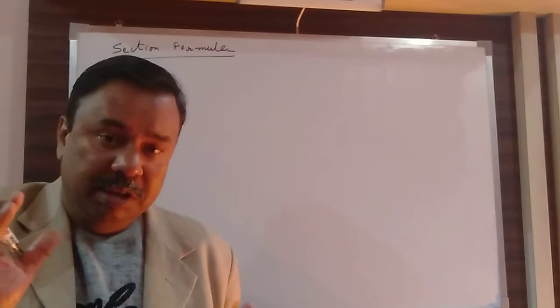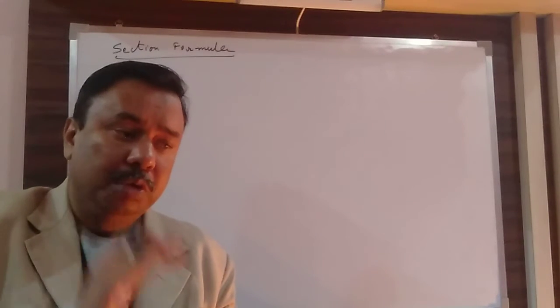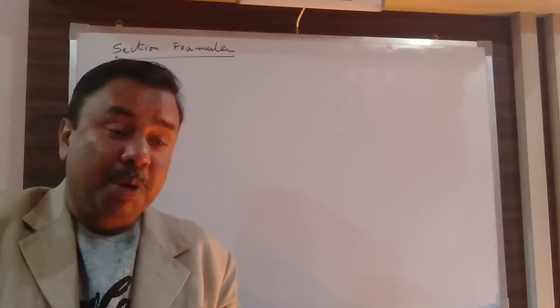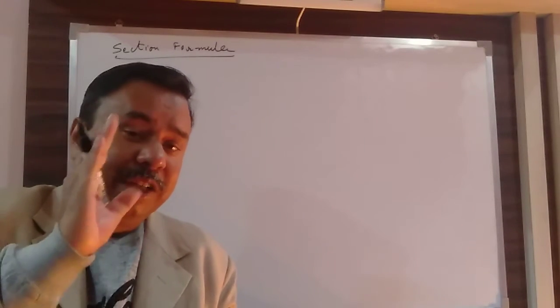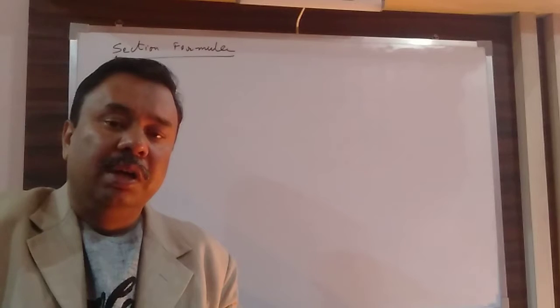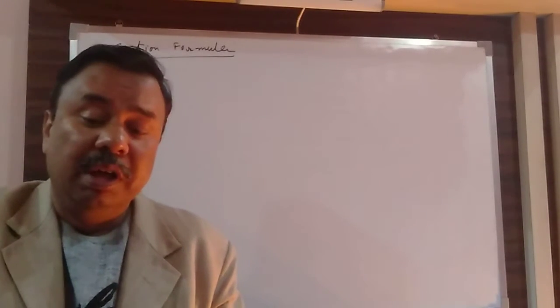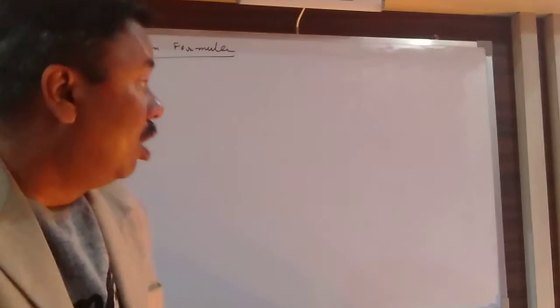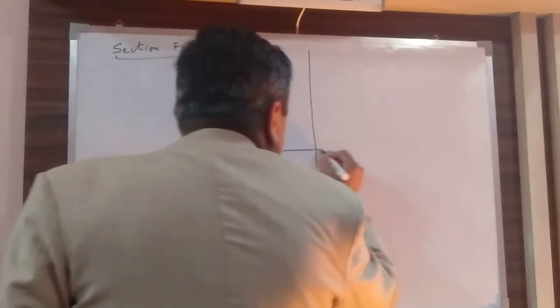A line segment of a definite length will be given to you. Two endpoints are given, and you have to find a third point on that line which will be dividing the line in a given ratio. Okay, so what does this mean? Diagrammatically, I will explain.